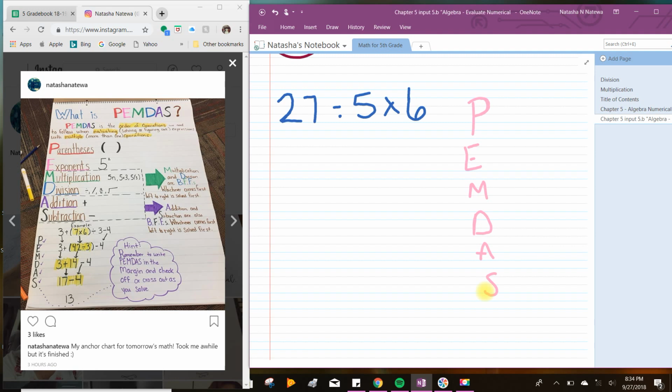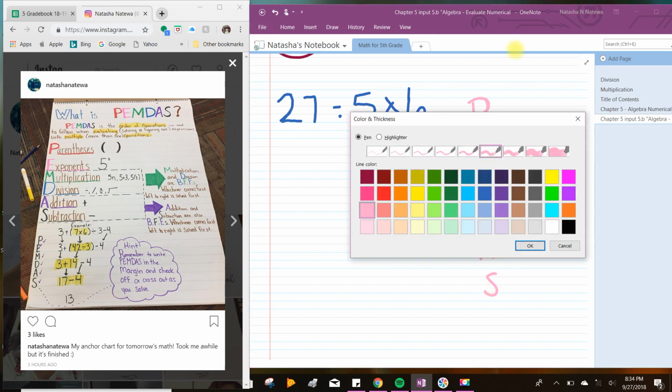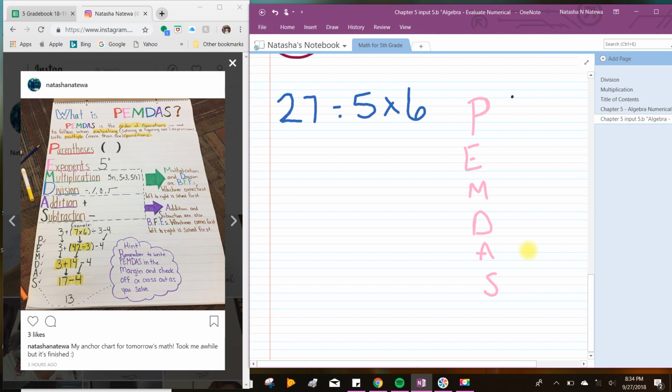Okay, let's ask ourselves. Are there any parentheses? No, so we cross it out. Are there any exponents? Do you see a big base and a little number?